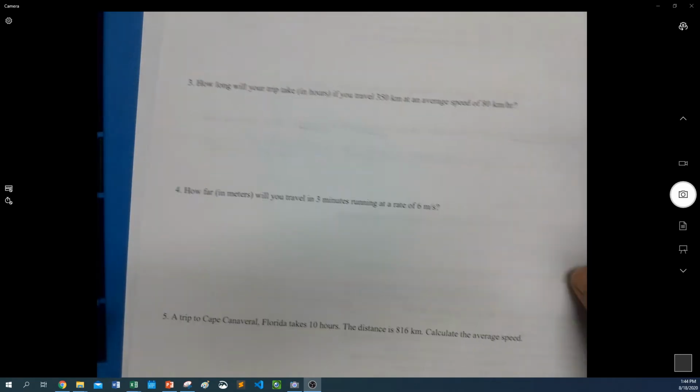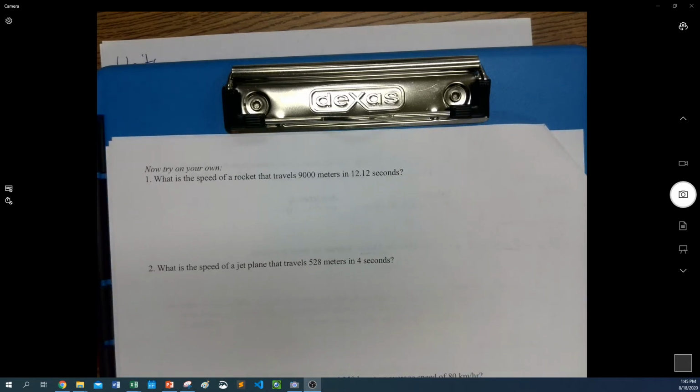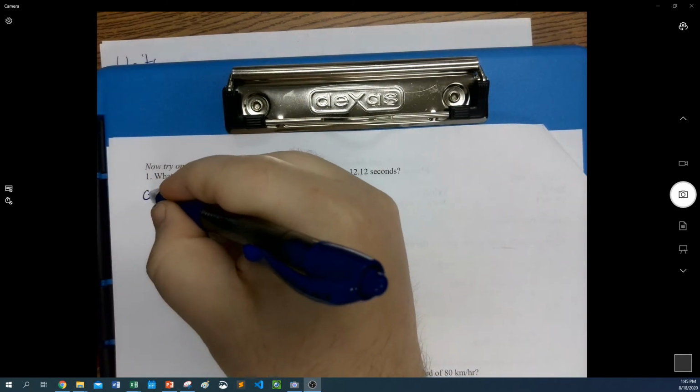So let's do the first few problems together. What is the speed of a rocket that travels 9,000 meters in 12 seconds? When given a problem like this, the first thing you want to do is figure out what you're given.